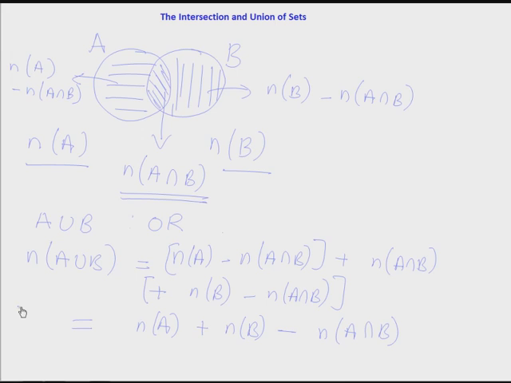A well-known formula. This says that the number of elements in the union of two sets is the number of elements in A plus the number of elements in B minus their intersection.